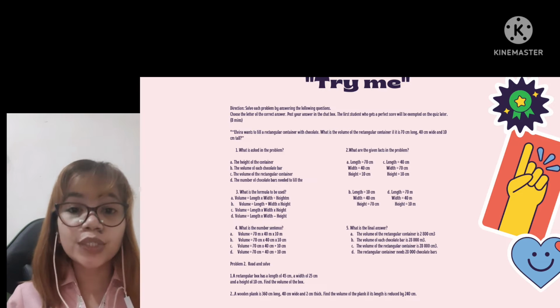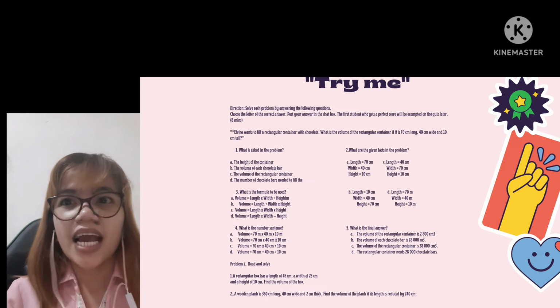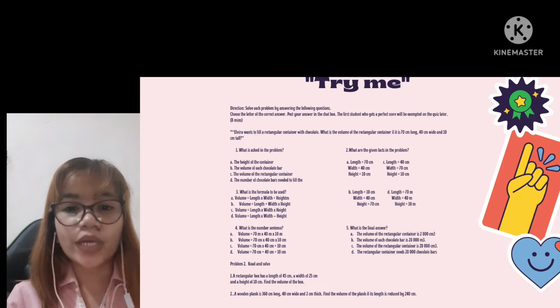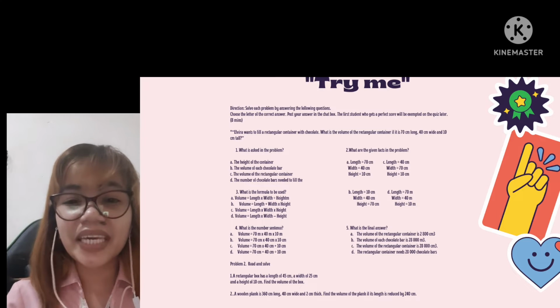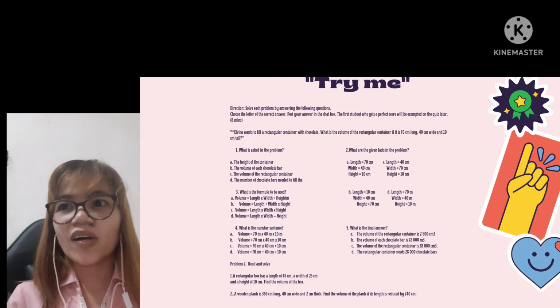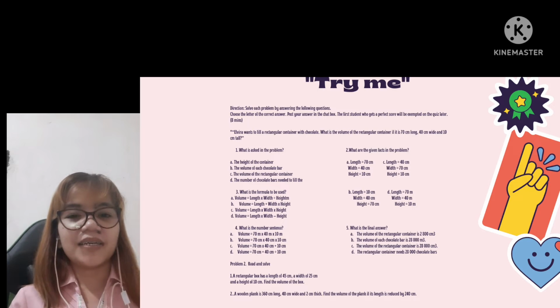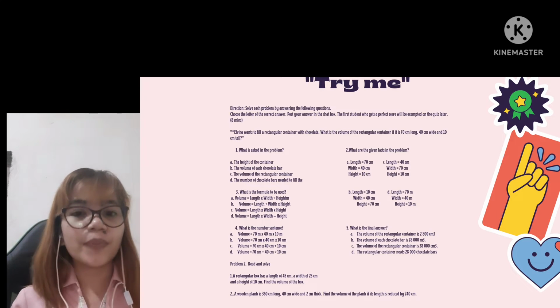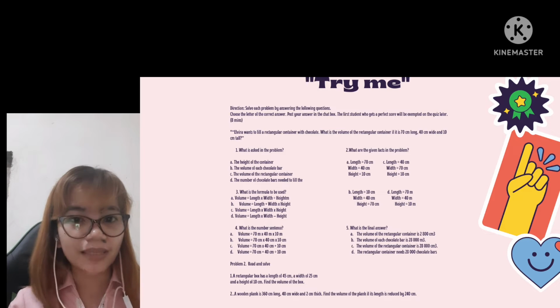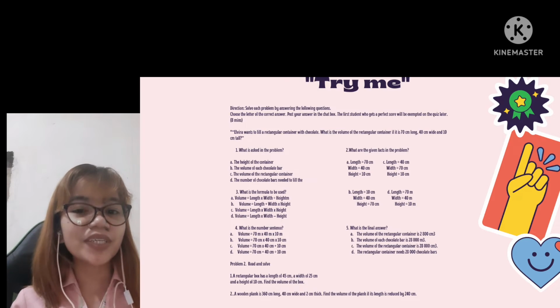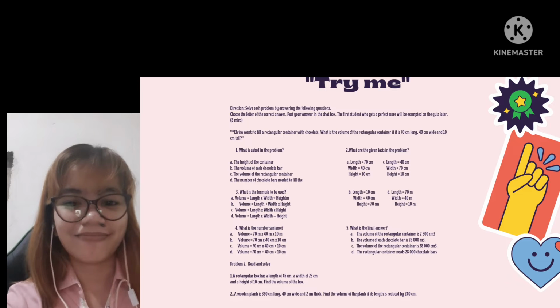The first student who gets a perfect score will be exempted from the quiz later. Again, you need to post your answer in the chat box. Okay, so the timer starts now.